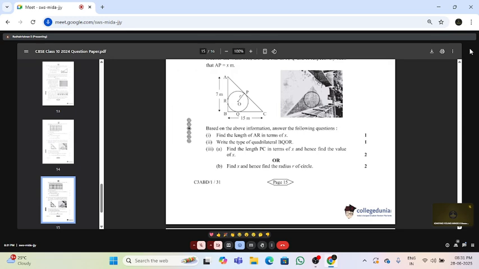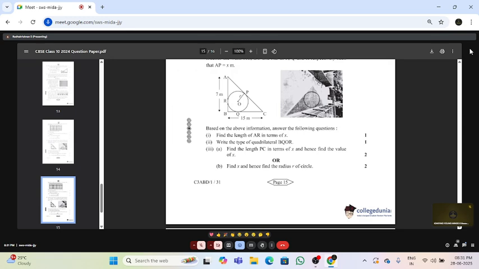The same logic. There is an external point and two tangents are drawn, so both are equal. So this is 8 plus x. Now we also already determined that PC is equal to root of 274 minus x.